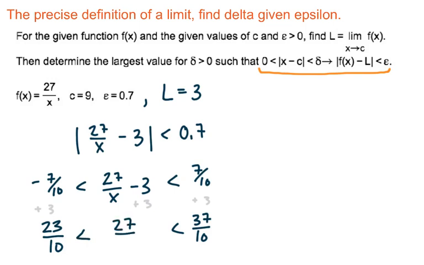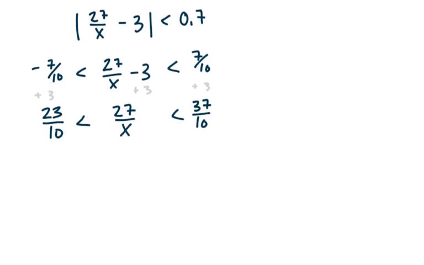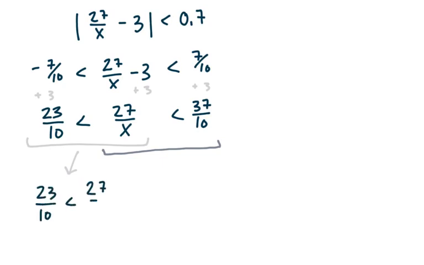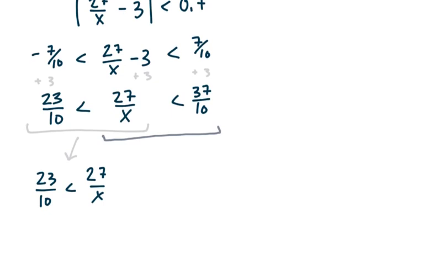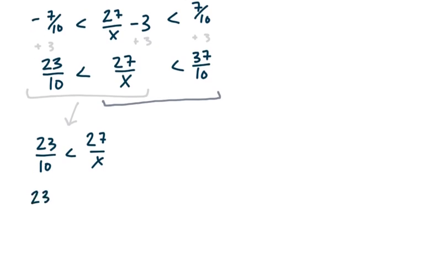So I'm left with 27 over x in the middle here. So I have two inequalities for which I need to solve. You can see that. So I'm going to solve each one separately. So my first piece, I have 23 over 10 is less than 27 over x. If we cross multiply here, I have 23x is less than 270, or rather x is less than 270 divided by 23.